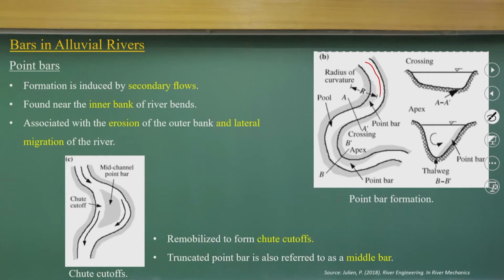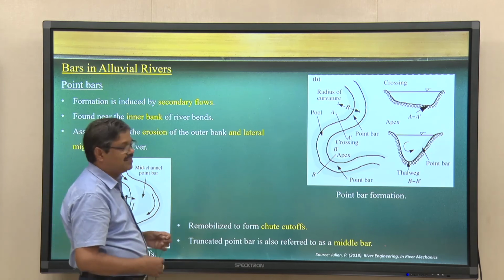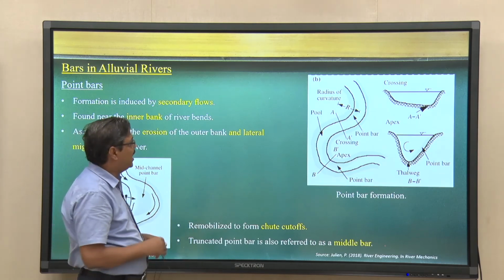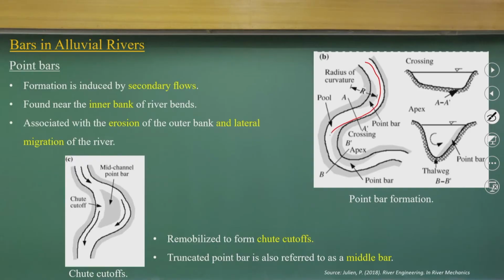Now, if you look at the next one, very interesting, the point bar formations. Again I want to tell you to just sketch the figures to understand the river mechanics. If I have a river, you will have point bar formations.